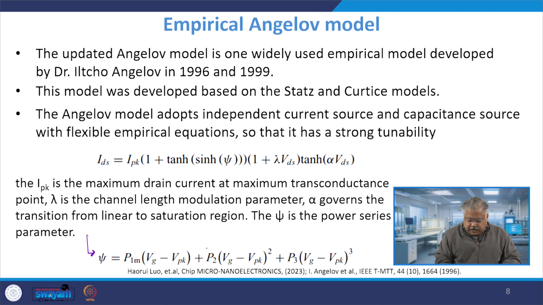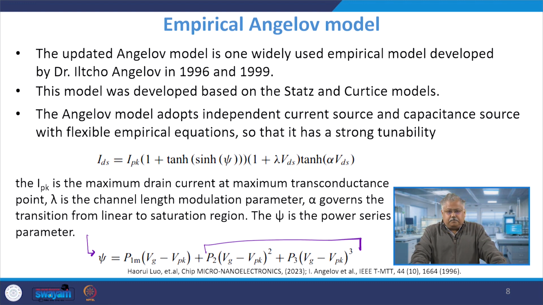If you look carefully, if you neglect these two terms, there is a linear dependency between psi and VPK. VPK is the voltage at which you get IPK, the maximum current, and Vg minus VPK is the difference in the voltage which you give, where P is a tuning parameter.